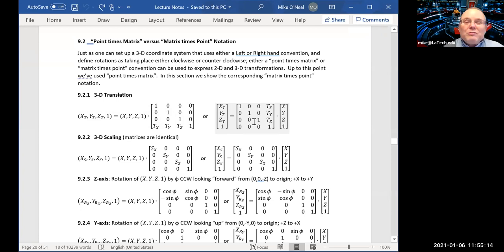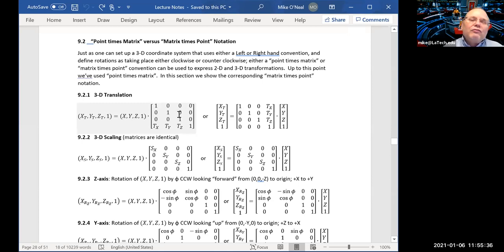Well, I can do a Google search while we're doing this, and you'll see this matrix shows up, and sometimes this matrix shows up. Why are some people showing it this way and some showing it this way? It's because you have to read the details of where the image came from.